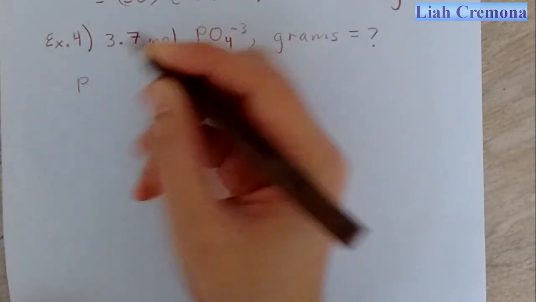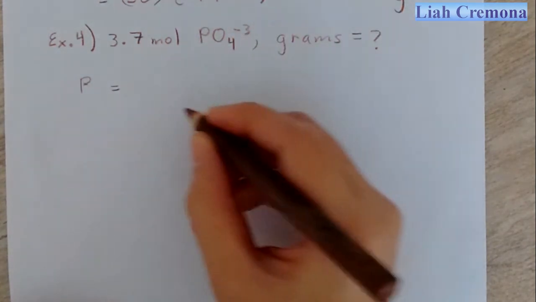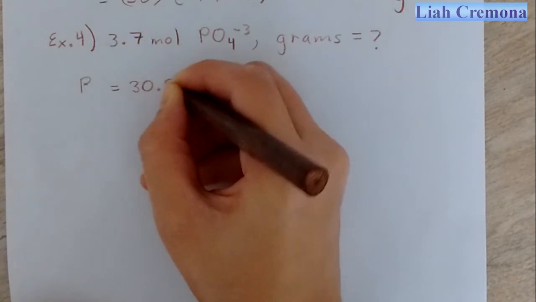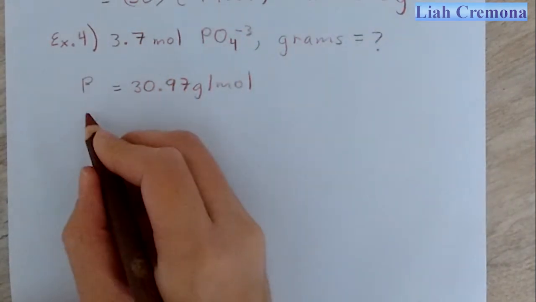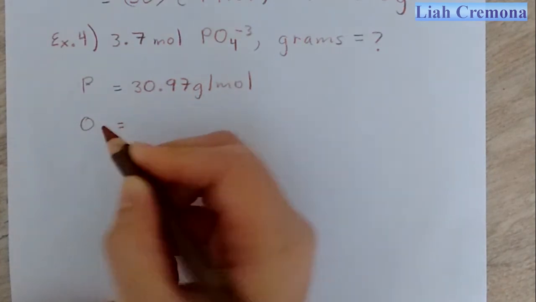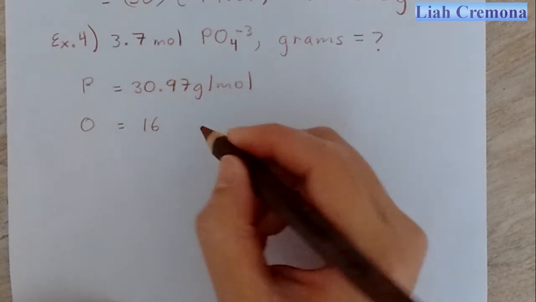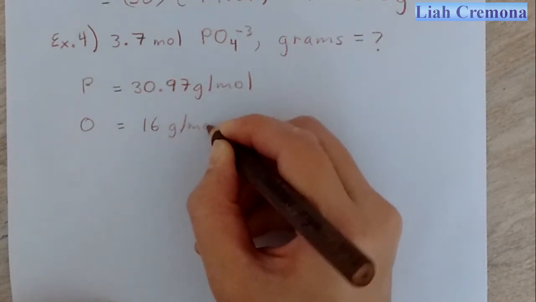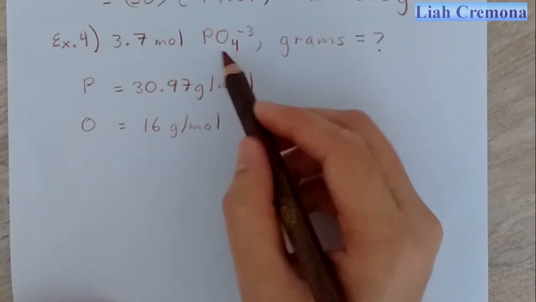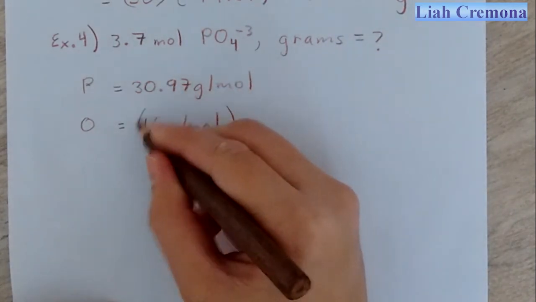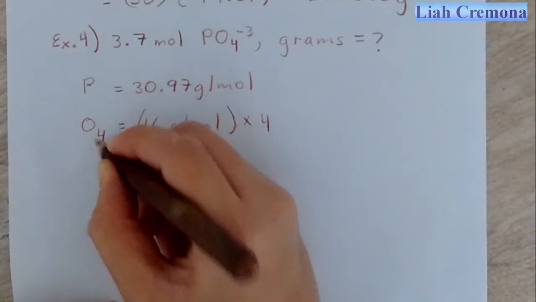So phosphorus here has a mass number of 30.97. Oxygen has a mass number of 16. However, as you might have noticed, we have 4 atoms of oxygen, which means we must multiply 16 times 4 to give us this.